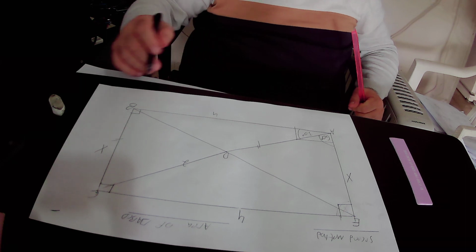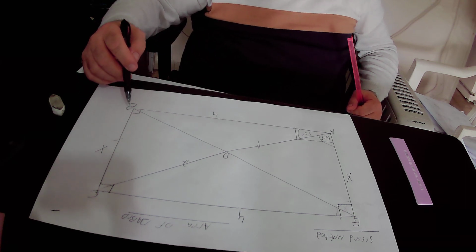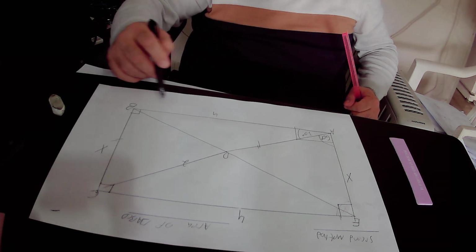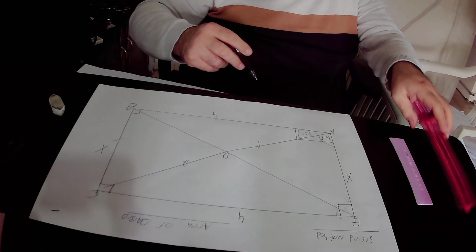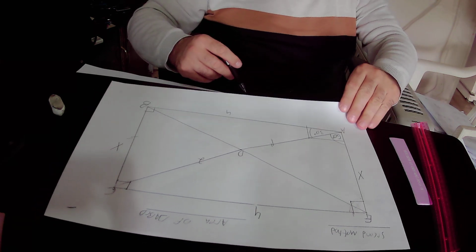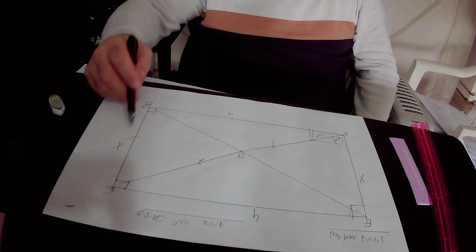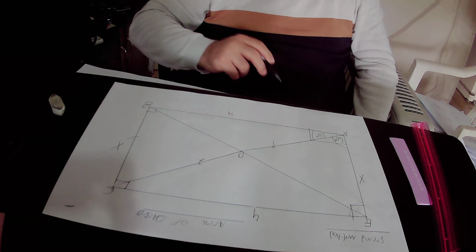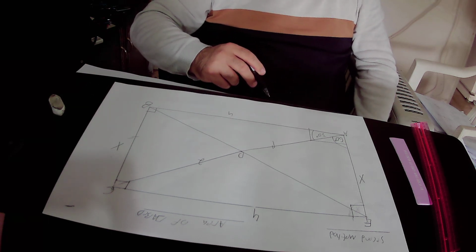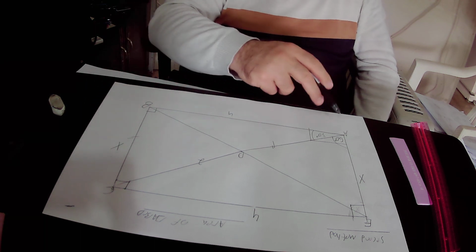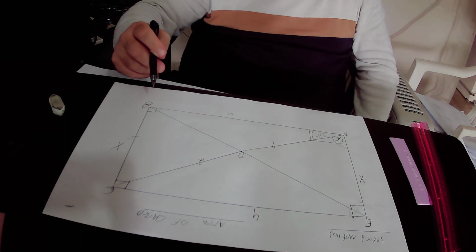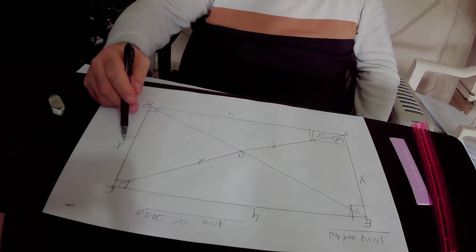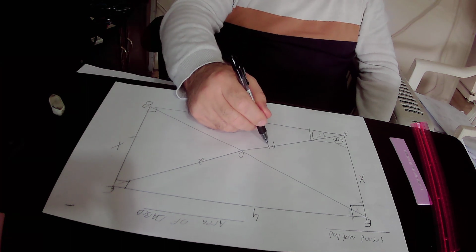First of all, we know that BC equals AD according to what is given in the question, but BC equals x, so AD must also equal x.